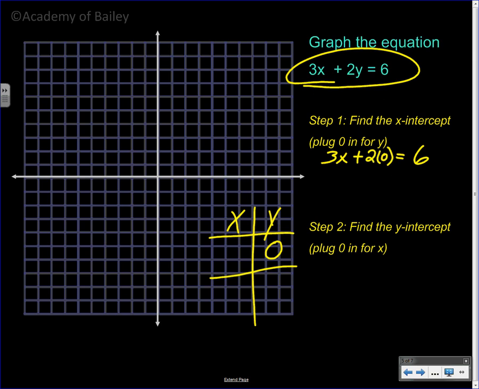What's the value of x going to be? Well, here, 2 times 0 is 0. And so we don't need to write 3x plus 0, because we know 3x plus 0 is just 3x. Solving for x, we get x is equal to 2.